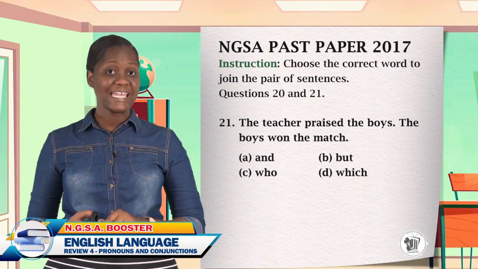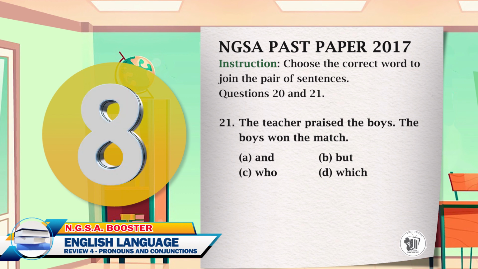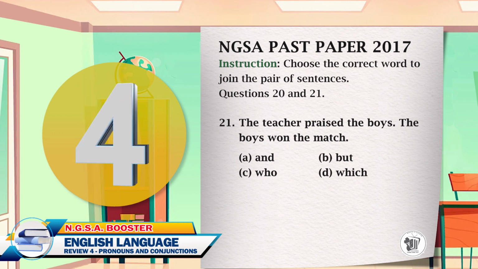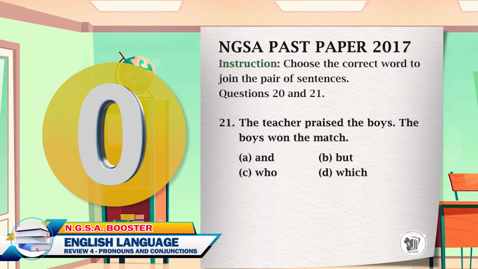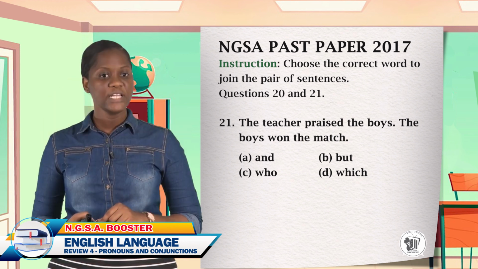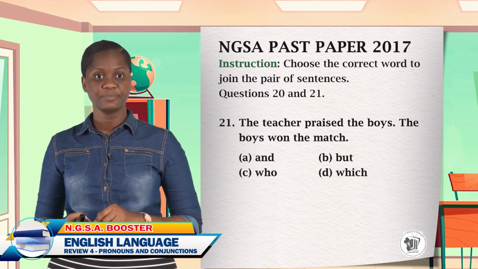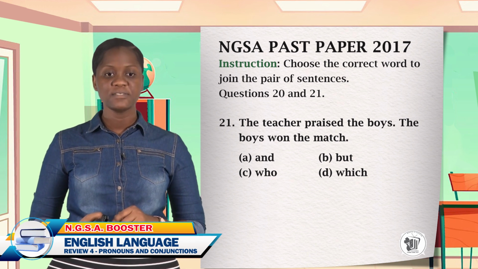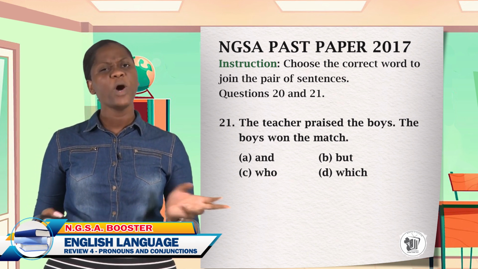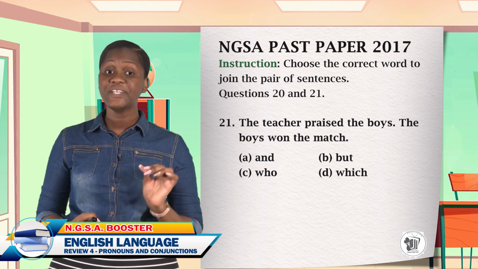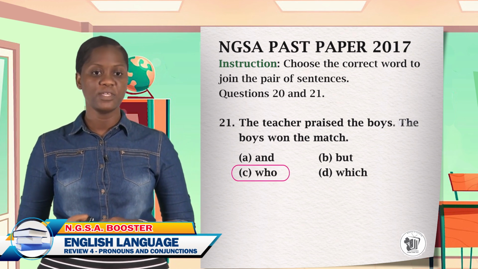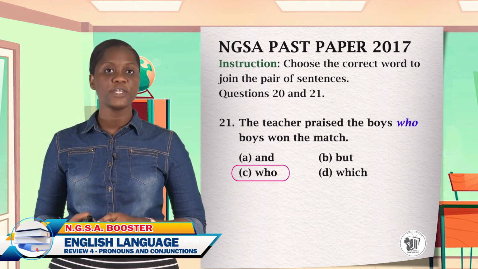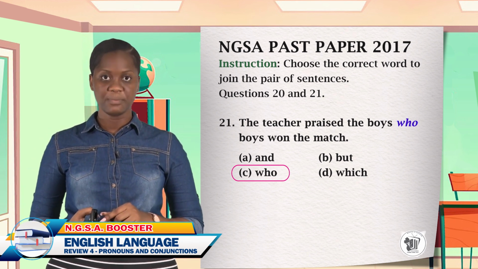This might be the case here. Look at the options once again. We have and, but, who, and which. What would you choose? Definitely who. And our sentence reconstructed would be, "The teacher praised the boys who won the match."